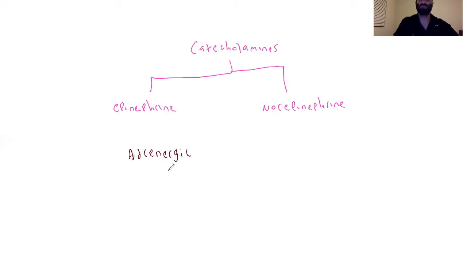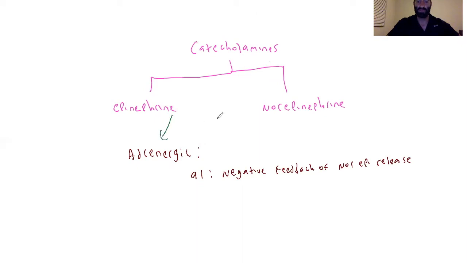There's a 5th one too, but one of the ones we're going to talk about is one that's called alpha 1, which is responsible for negative feedback of norepi release. So keep in mind that both epinephrine and norepinephrine both bind to the same class of receptors.